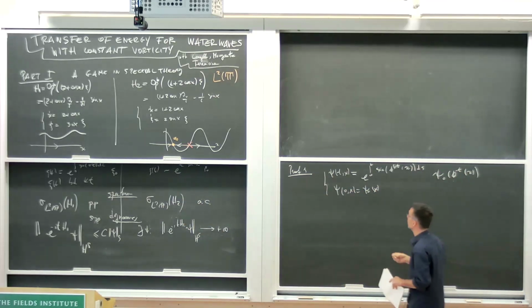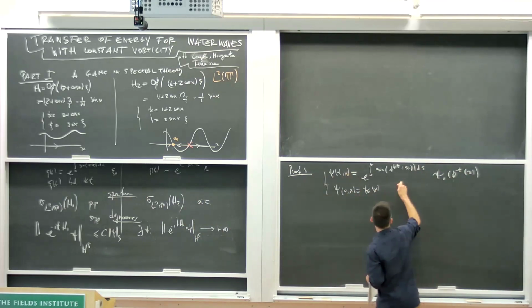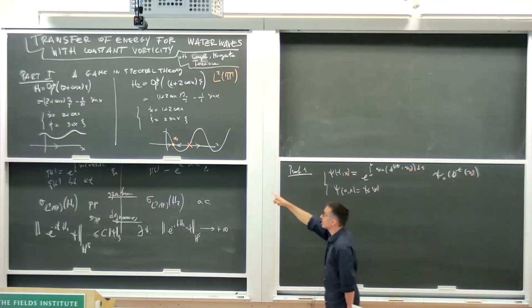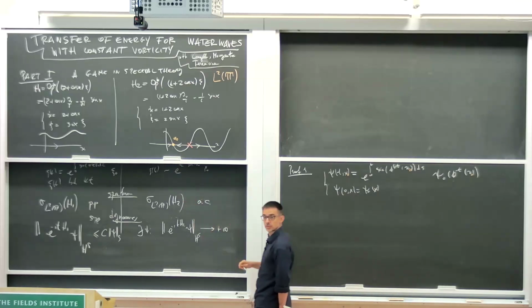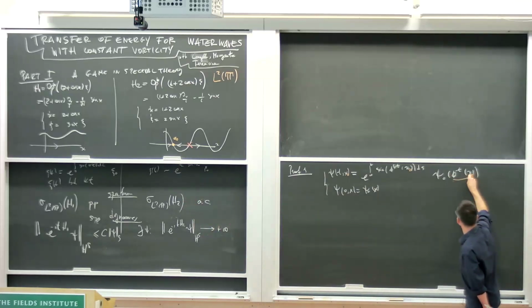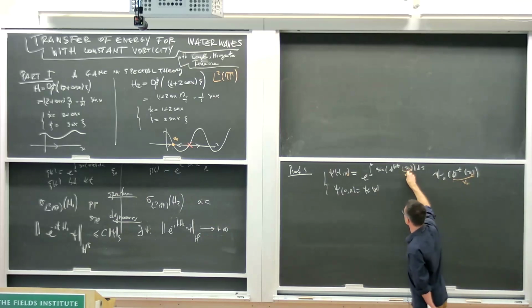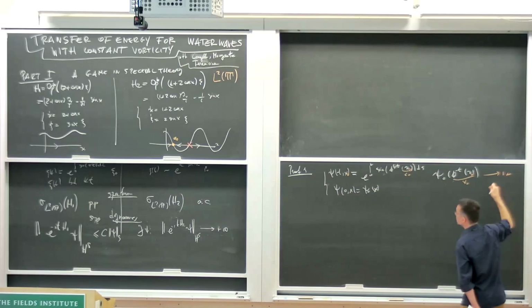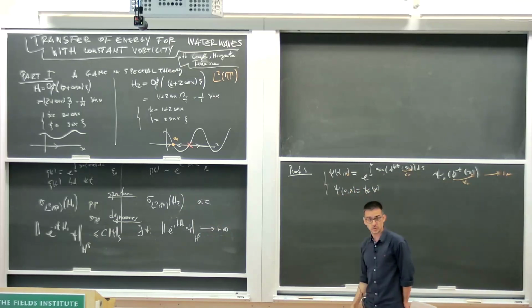Okay, so this is the formula. Now evaluate this formula at x0. x0 is the attractor of the flow, so it is a fixed point. So this is just x0, and this goes to infinity. So the L infinity norm of this function goes to infinity. And so the H1 norm of this function goes to infinity by Sobolev embedding.